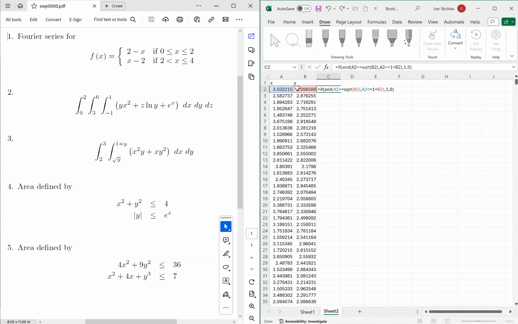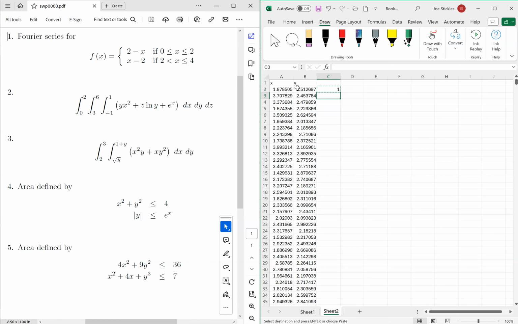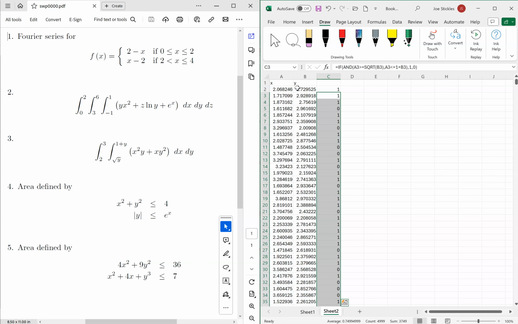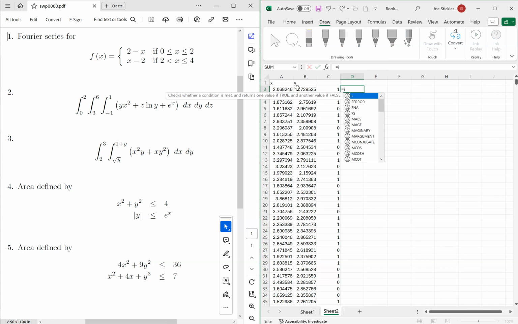So we'll use a 1 for if true, if both conditions are met, and 0 otherwise. Again, copy that all the way down, so I'll hit copy on the cell, hit Control-Shift-End to get all the way down. So now that's giving me a test of whether or not the point is in there.